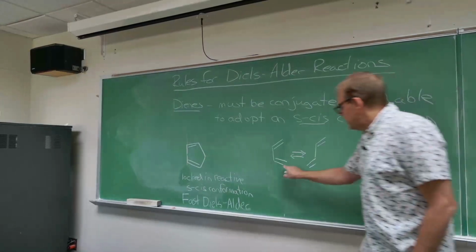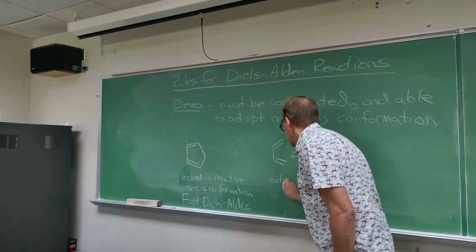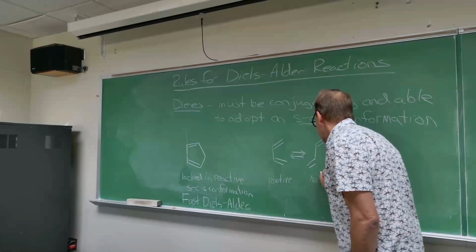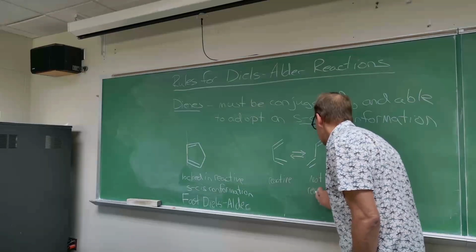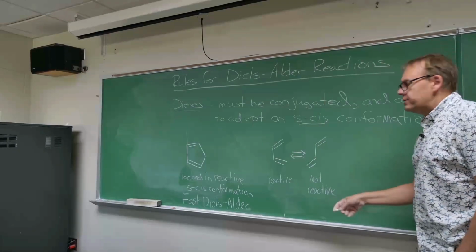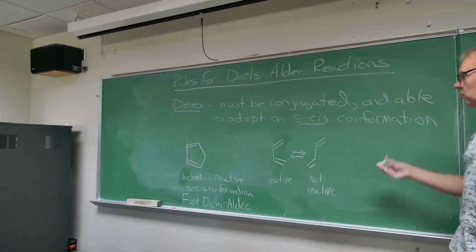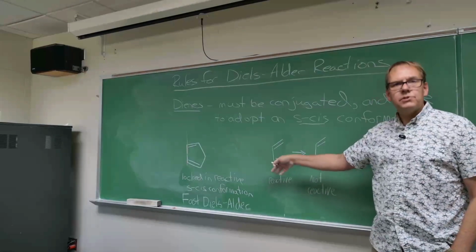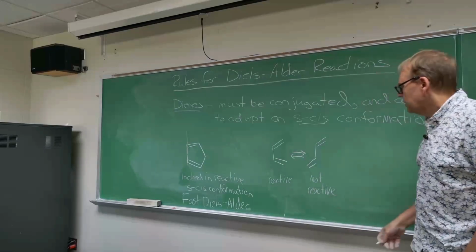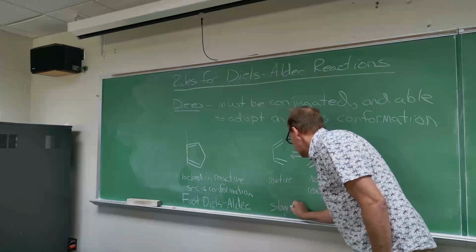When it's in the s-cis conformation, it's reactive. When it's in s-trans, it's not reactive in Diels-Alder reactions. So it's kind of in the middle. It's not always perfectly positioned to do a Diels-Alder reaction, but it can organize itself into the position that it needs to be in. So it can react by Diels-Alder, but it's not as fast. So this is going to be a slower Diels-Alder reaction.